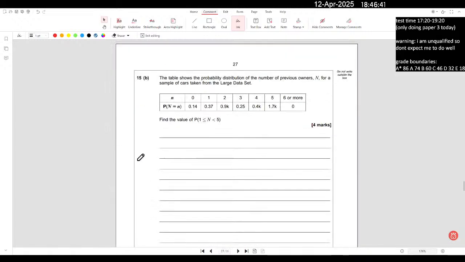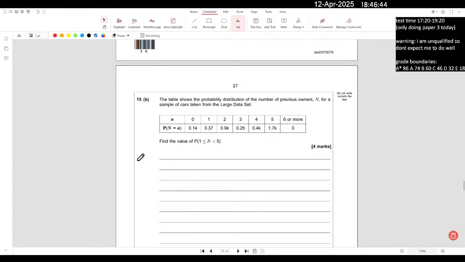Okay, the table shows the probability distribution for the number of previous owners, n, for a sample of cars taken from the large data set. Final value of p is 1.